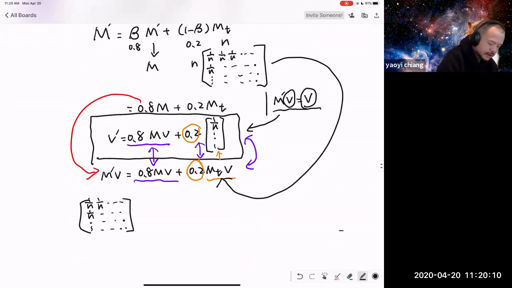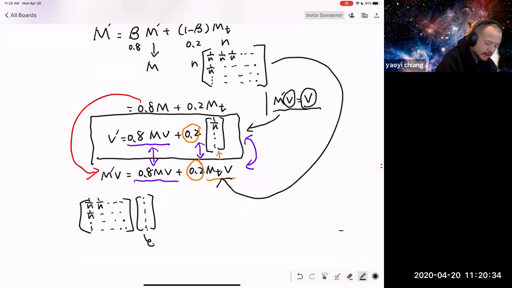If you multiply it by the vector V, V has all these random numbers we don't know. At the beginning, when you initialize it, it's something like this, but it doesn't have to be like this. It can be anything else.